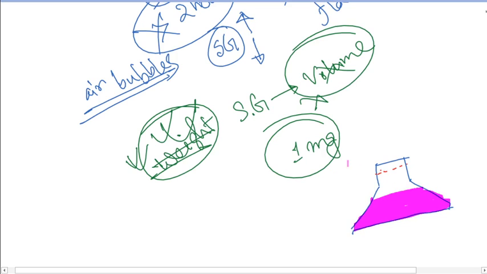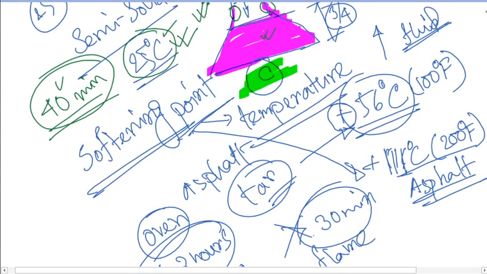Then for the remaining portion, we'll again be pouring water within that. The remaining portion will be filled up with water, and I forgot to mention using the stopper in this case as well.